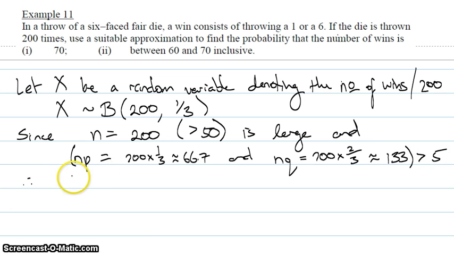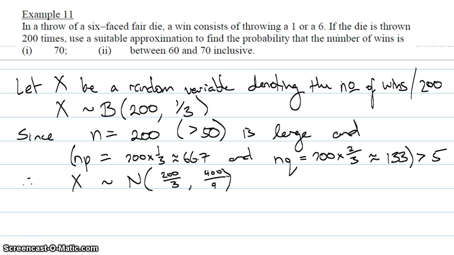Therefore, X is approximately normally distributed with mean np, so a mean of 200 times a third, or 200 over 3, and variance of npq. So this will be 200 times a third times 2/3, and that's going to be 400 over 9.